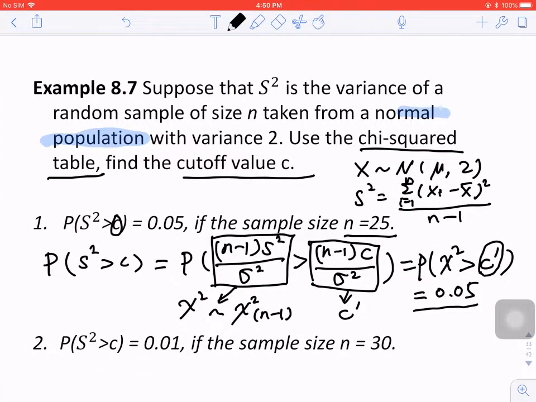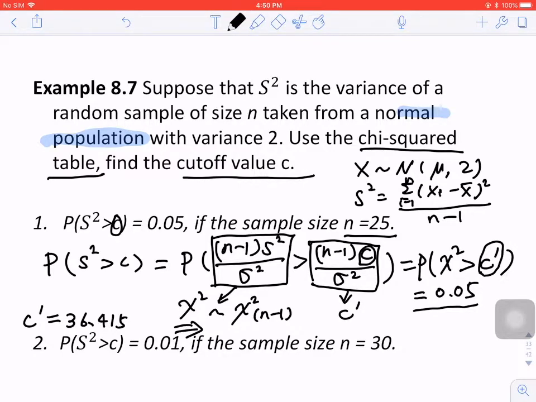So my c prime is equal to 36.415. But this is not over because our final goal is to find c instead of c prime. Once you know c prime, you will find the value of c.